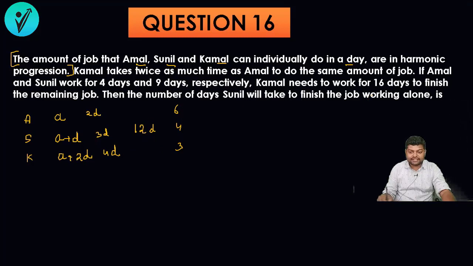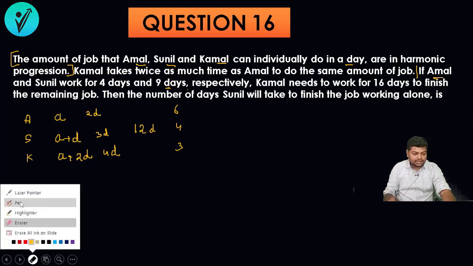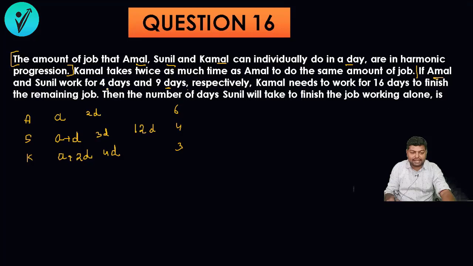Next. If Amal and Sunil work for 4 days and 9 days respectively: Amal has worked for 4 days, so with efficiency 6, it will be 6 into 4, 24.